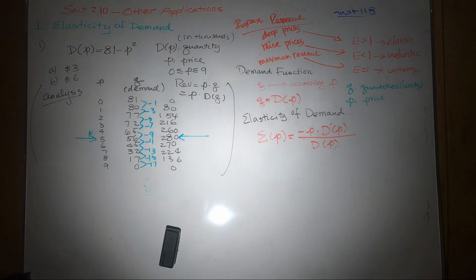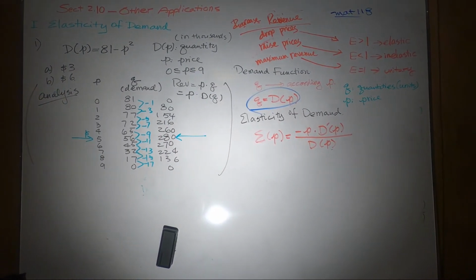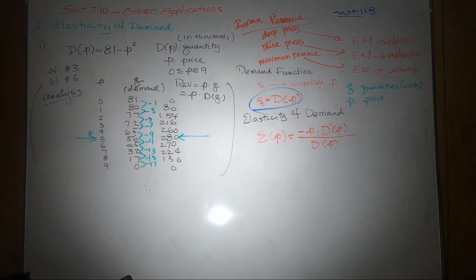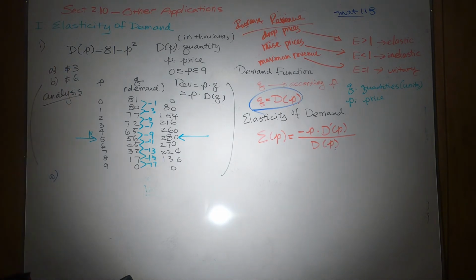So the demand function is this way, right? So if you calculate, the first question is when the price is 3, right here. So what's your elasticity E? That's what we are practicing.